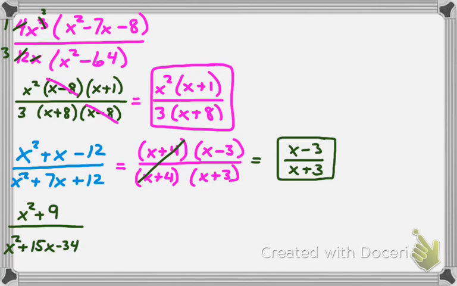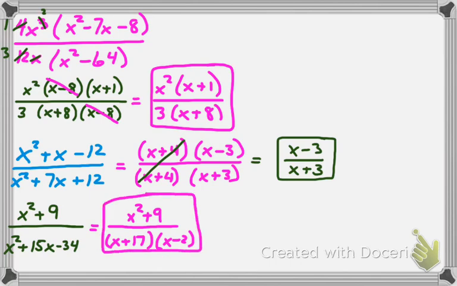There is no factoring trick for the sum of two squares. So the top cannot be factored. The bottom can be factored into x plus 17, x minus 2. And we can't cancel anything. So we're done.